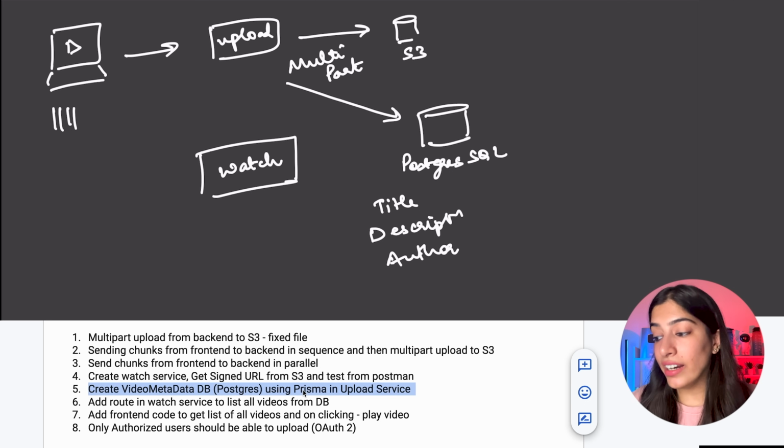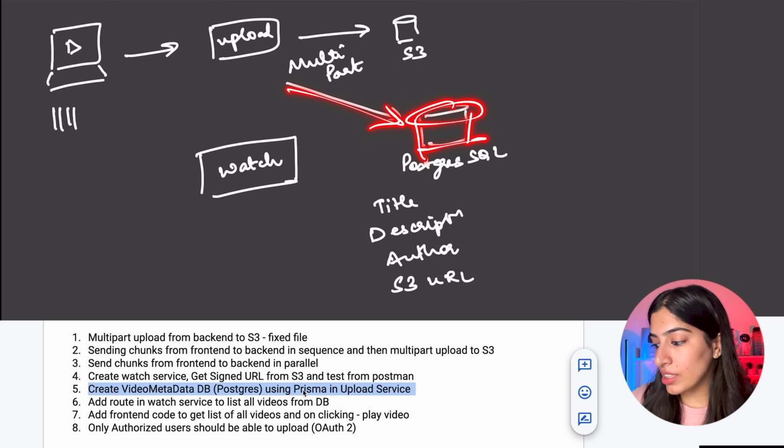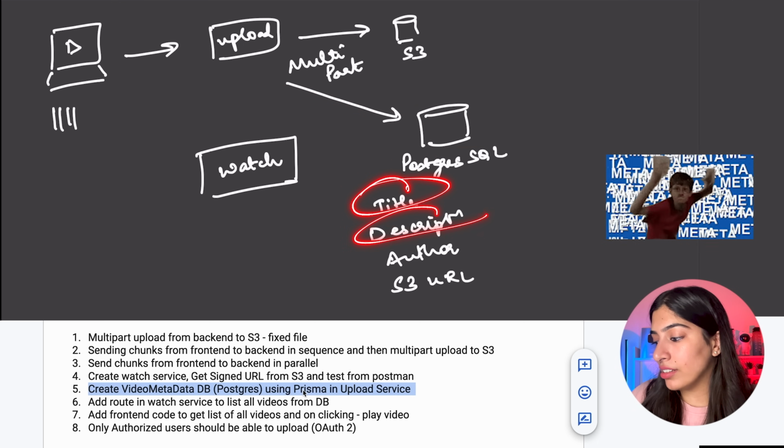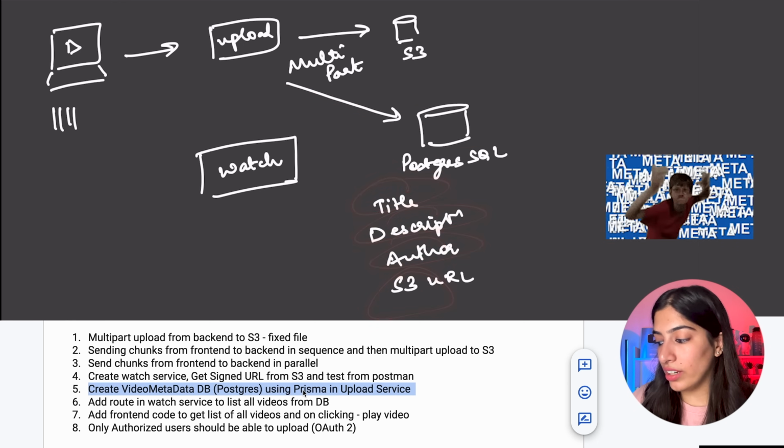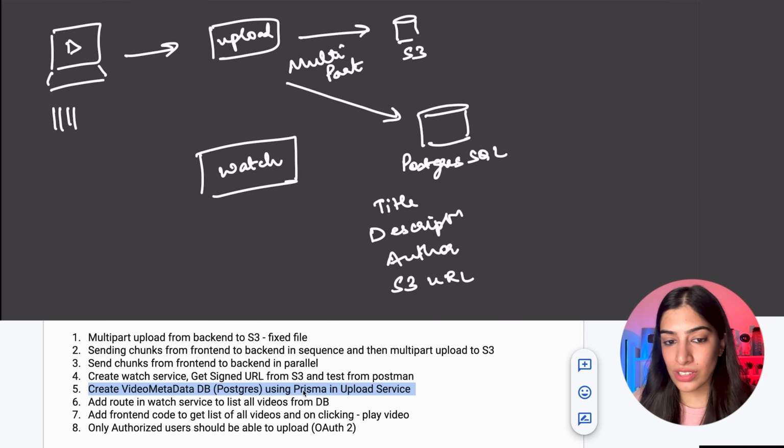So we can add the S3 URL as well. So we are going to first upload to S3, and after the completion, we are going to get the URL. After that, we are going to call PostgreSQL and add the metadata: title, description, author, S3 URL.